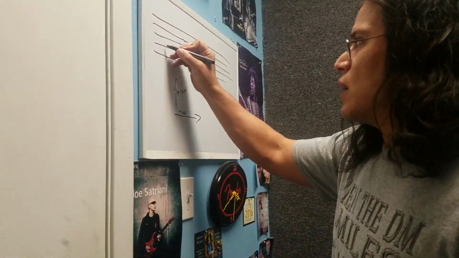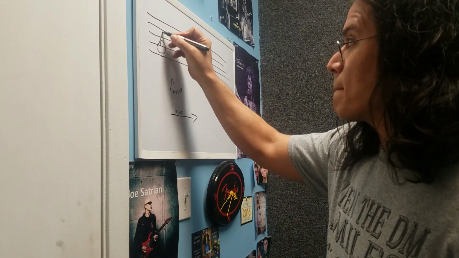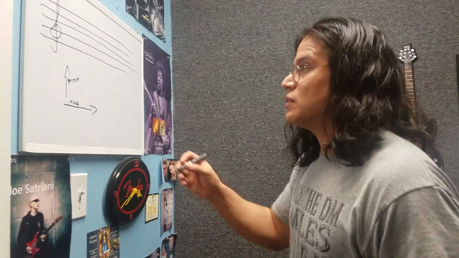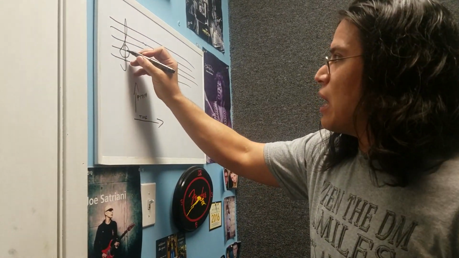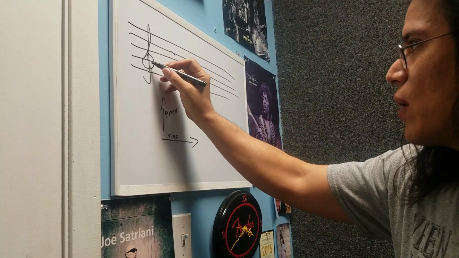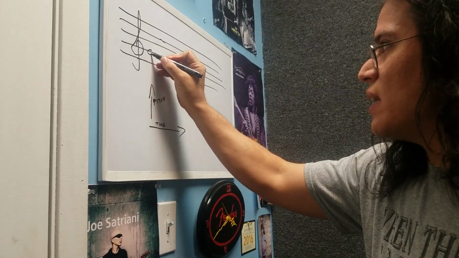One of the most common ones, and the clef that we use on guitar, is the treble clef. This is also known as a G clef, because it starts on the second line, comes up, and goes down, making a little X on the second line, because that second line is a G note.